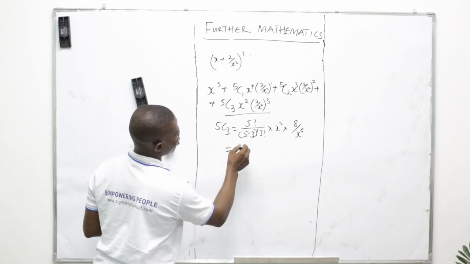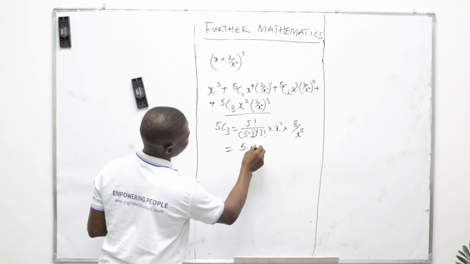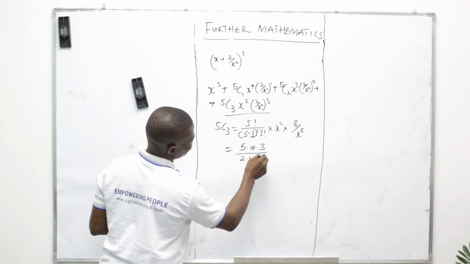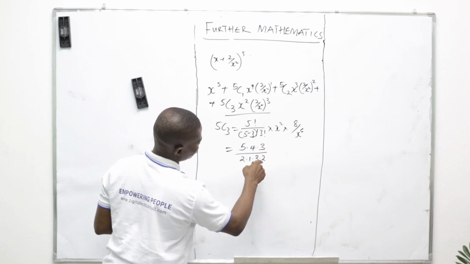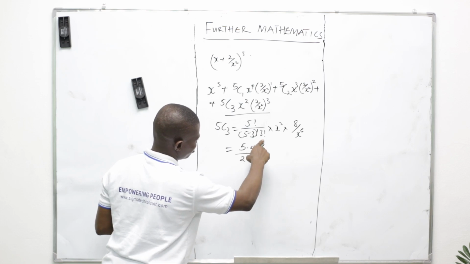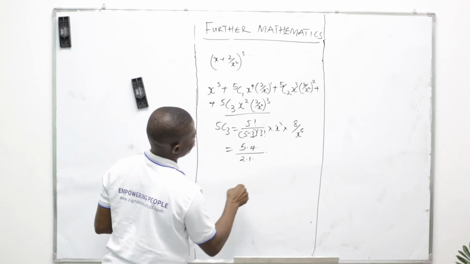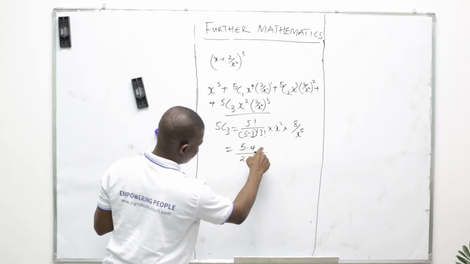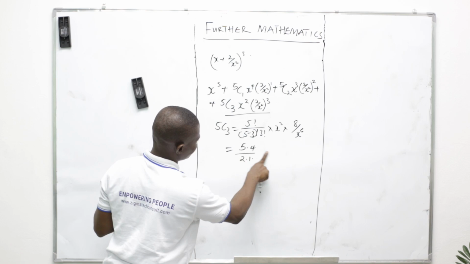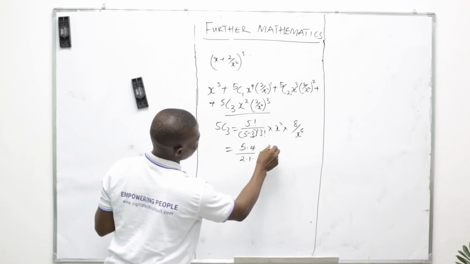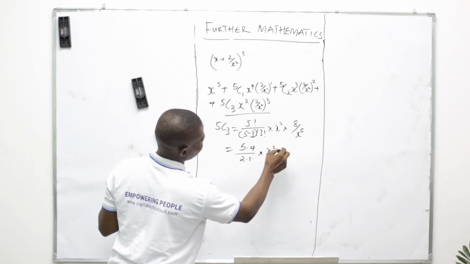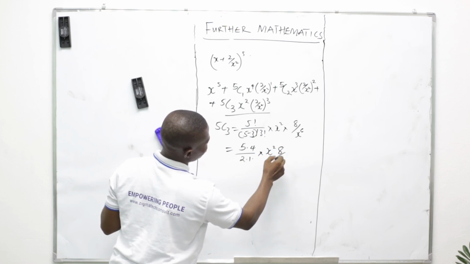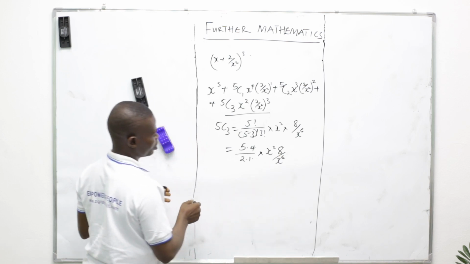So what do we have now? 5.4.3 all over 2.1.3.2. Okay, 5.4 all over 2.1 multiplied by x squared times 8 all over x power 6.